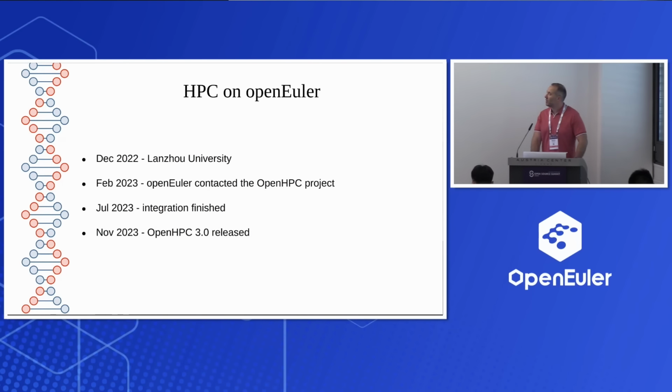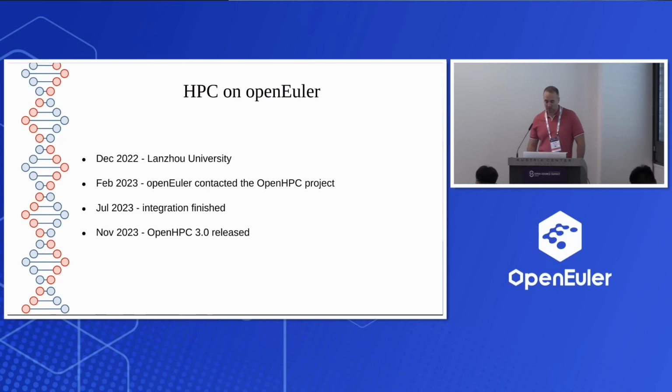How did it start? openEuler with OpenHPC. Around December 2022, the Lanzhou University from China contacted us to ask how to use HPC with openEuler. We did some research and we decided to contact OpenHPC project.